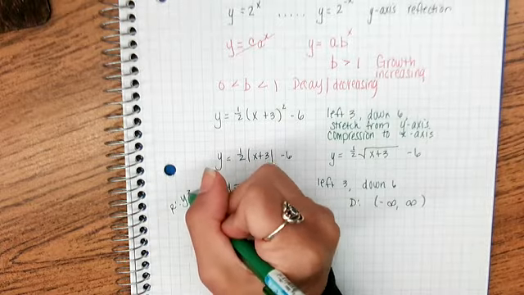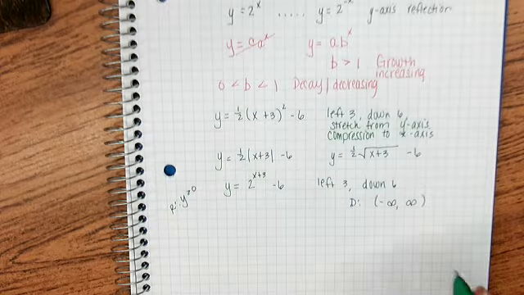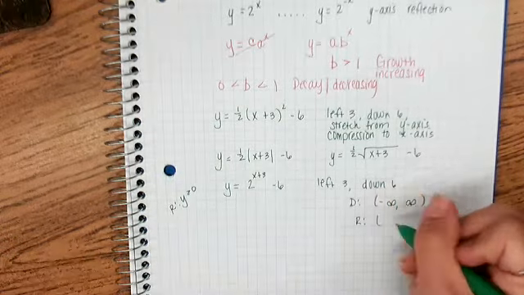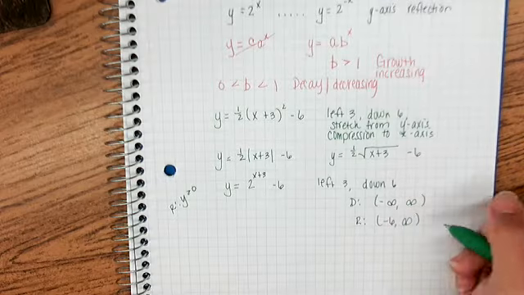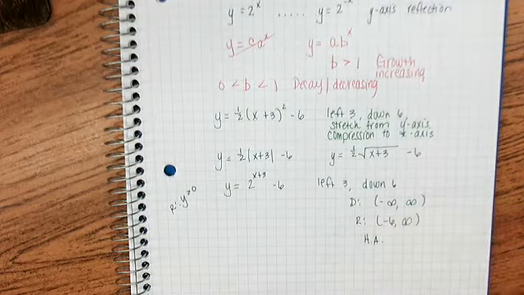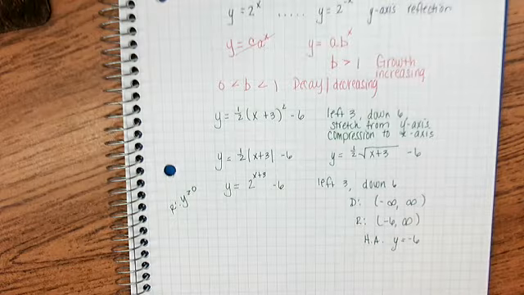If I'm shifting that down 6, my range should be y is greater than -6. My horizontal asymptote should be at y equals -6. The y-intercept is no longer 0, 1, and this is going to have an x-intercept.